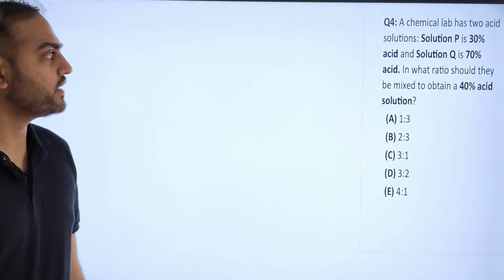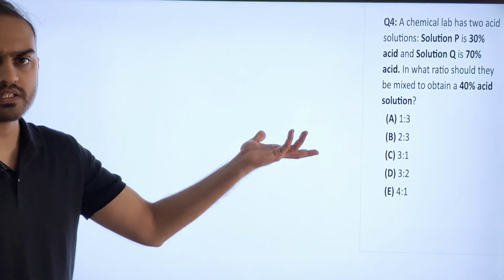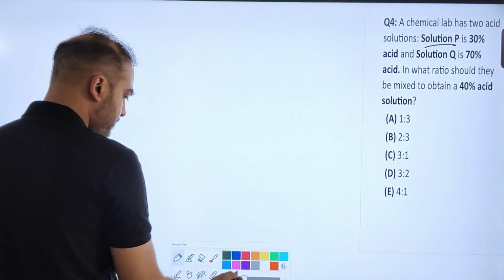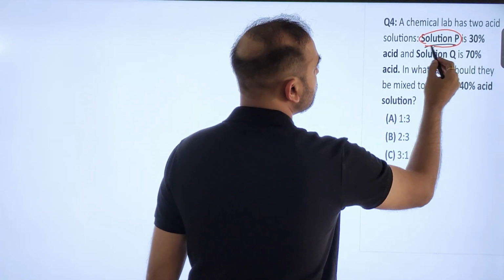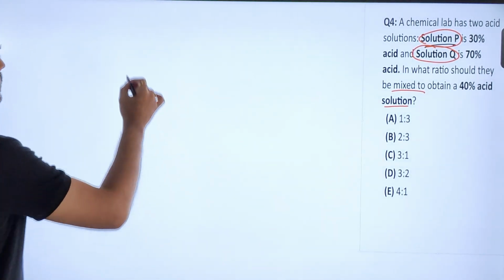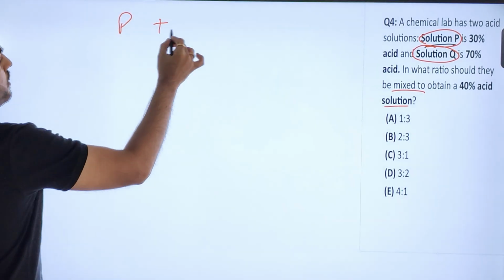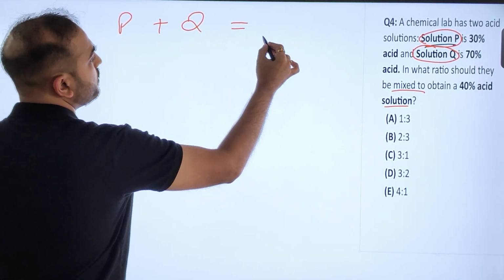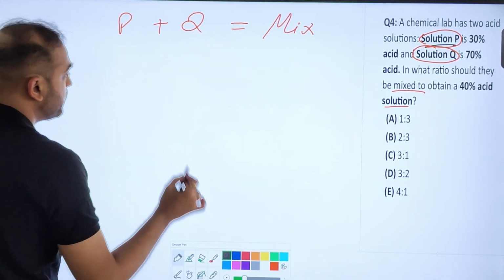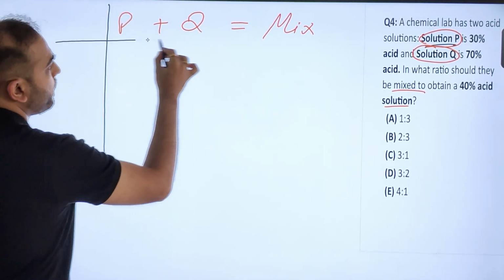Alright, so if you have read the next question, we are again back to 2 variables. Solution P is mixed with solution Q to give us a mixture. So we write P plus Q gives us the mixture. Let's focus on the quantity.